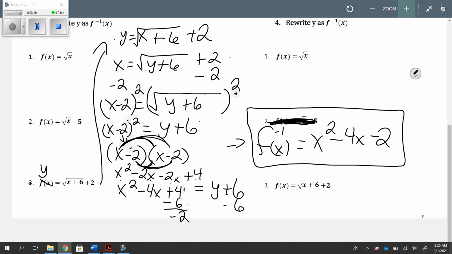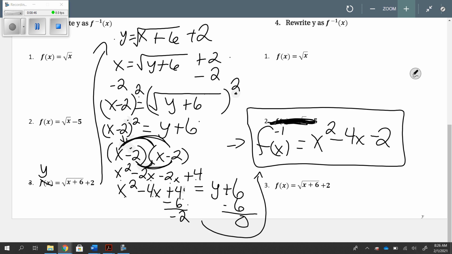Combine like terms, I have x squared minus 4x plus 4, okay? Then I see that's equal to y plus 6, and that's when I can move the 6 over. So minus 6, left with just y, and then 4 minus 6 is negative 2. So our final answer is right here, which is f of negative 1 of x equals x squared minus 4x minus 2.